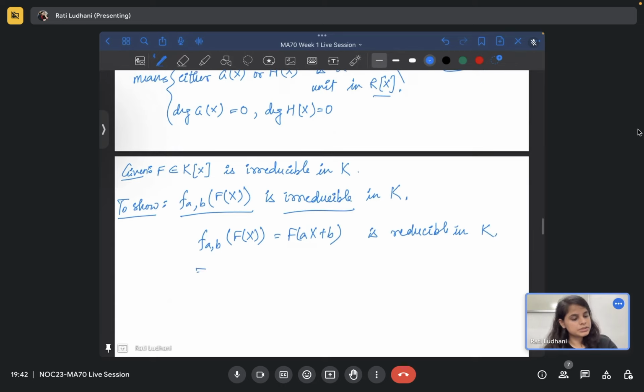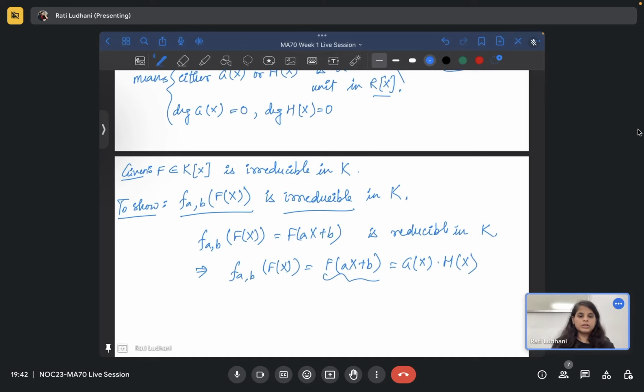This implies f_{a,b}(f(x)) is equal to some g(x) into h(x). I'm writing it this way because both domain and codomain are the same, so you can be confused here. So I'm just saying you have some polynomial, and this polynomial can be written in reduced form.